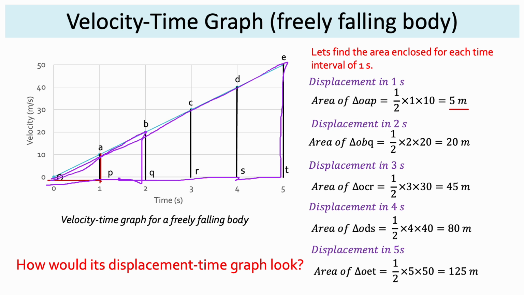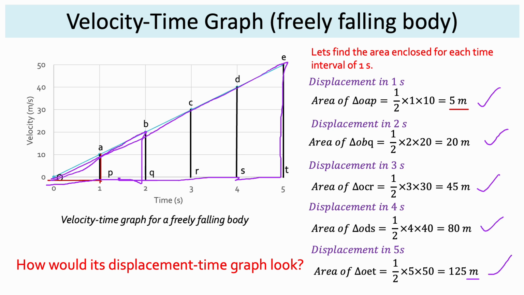You might be wondering why I have written the unit of area as meter. It is because in this graph we multiply the units. Meter per second multiplied by second gives us meter, not meter squared. So we have obtained the displacement in 1 second, 2 seconds, 3 seconds, 4 seconds and 5 seconds.